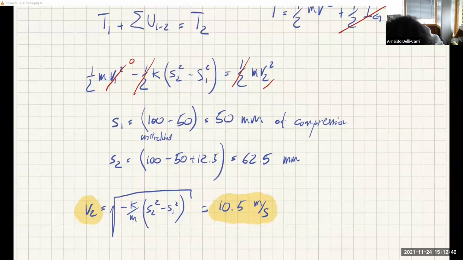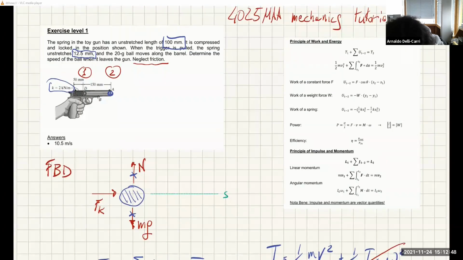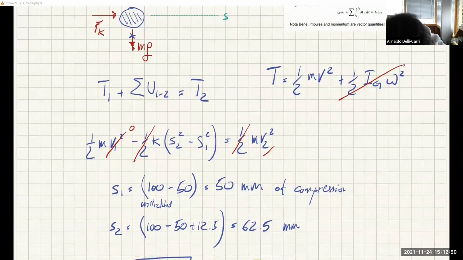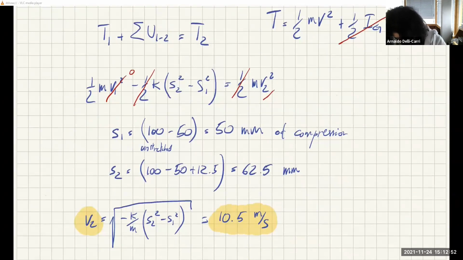Does this mean the spring unstretches 12.5? Because this looks to me that 62.5 squared minus 50 squared is a positive number. So this is negative, so this is impossible. So I believe that this already gives you the unstretched length of the spring.